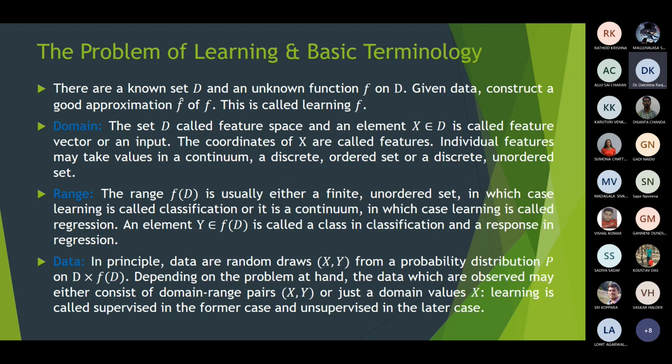That means learning is nothing but getting a good approximation of the function. This function may be a known function, or it may be an unknown function, and this function is defined over D, and we have to determine a good approximation of this function f, and this is nothing but learning. Okay.